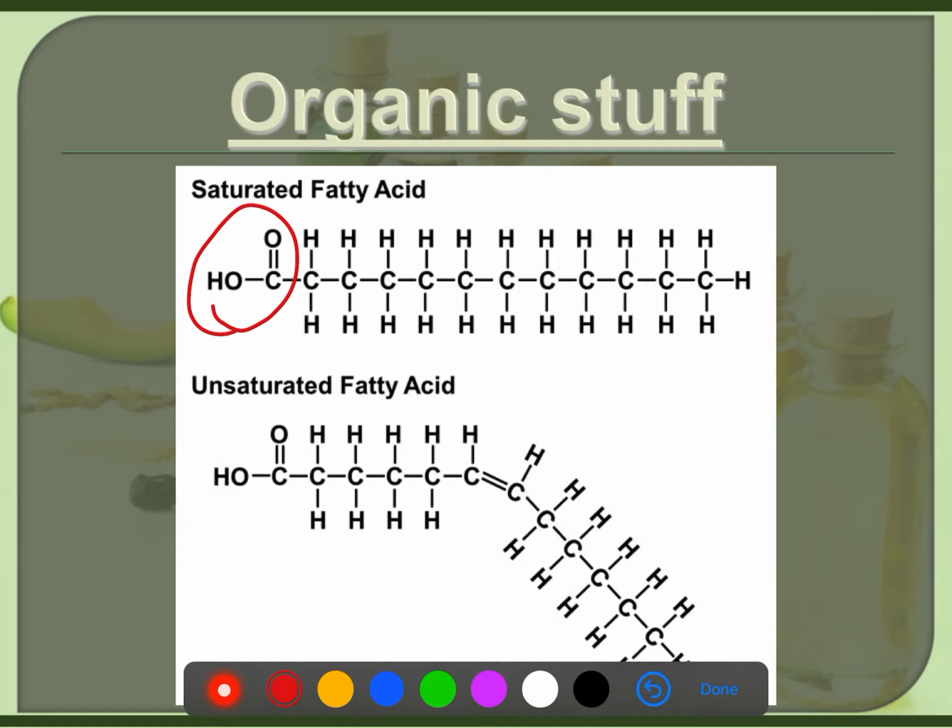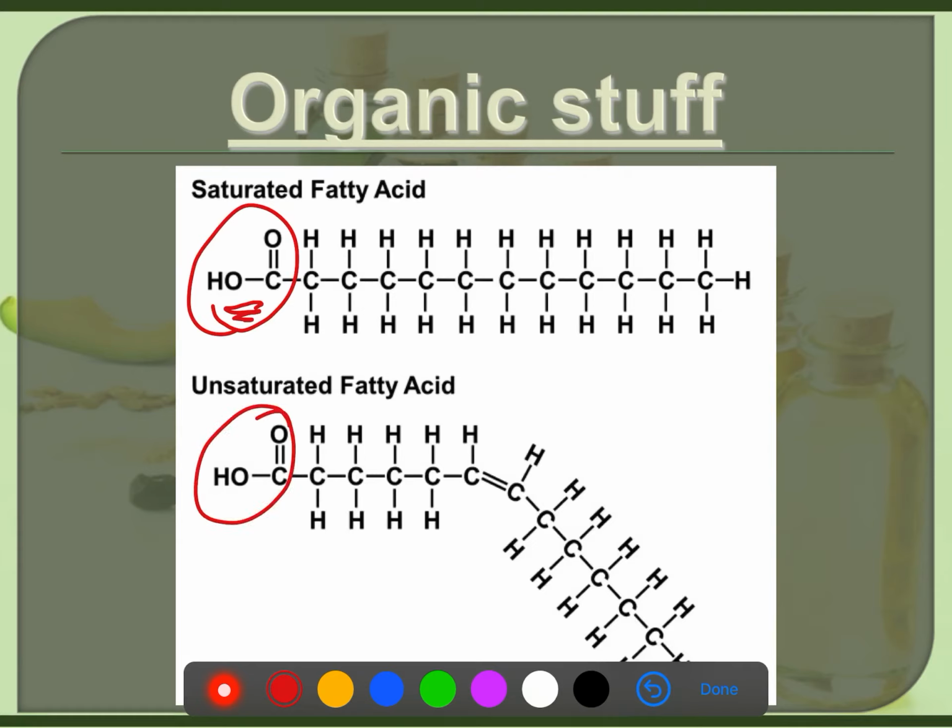Now, if you think about particles hitting this and trying to break those bonds, most of the particles are going to hit somewhere towards the middle of the molecule. Very less frequently do you get collisions here on the end of the molecule. So the only way to chemically break down a saturated fat in the body is to hit that end of the molecule, which doesn't happen very often.